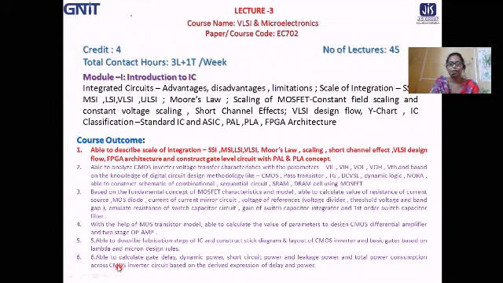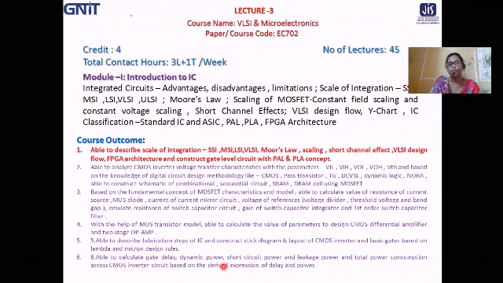Sixth is able to calculate gate delay, dynamic power, short circuit power and leakage power and total power consumption across a CMOS inverter circuit based on the derived expression of delay and power. So these were in short the course outcomes.